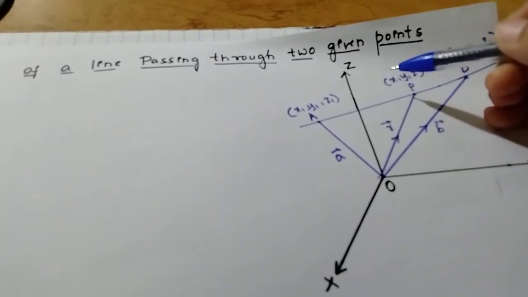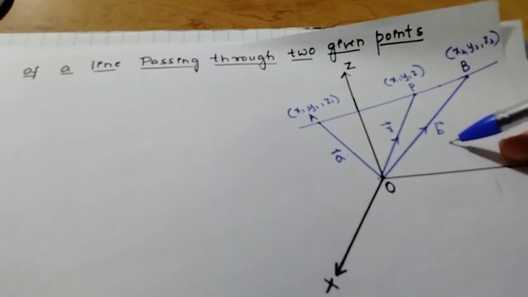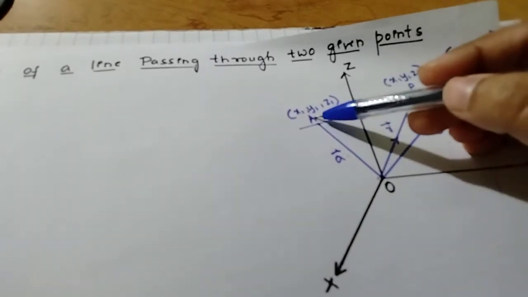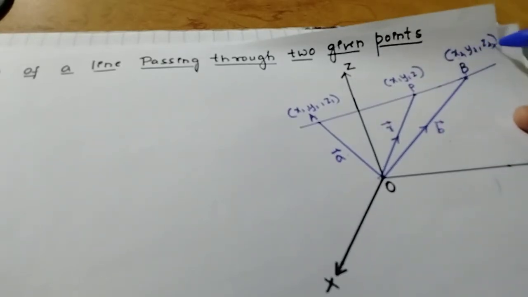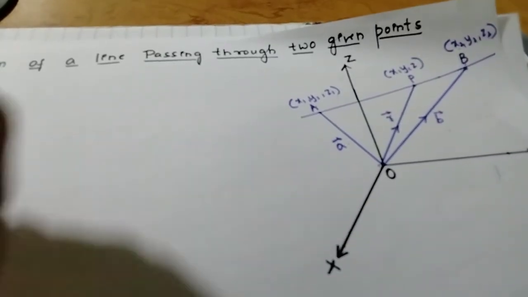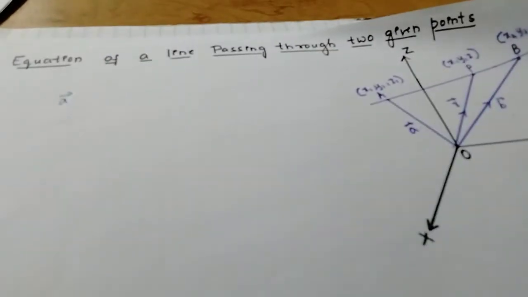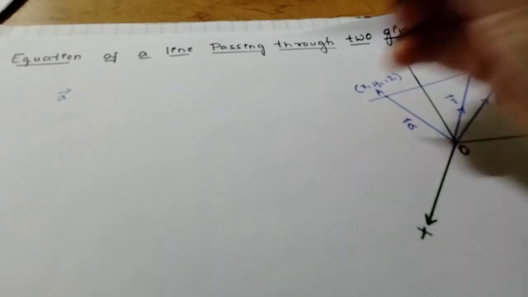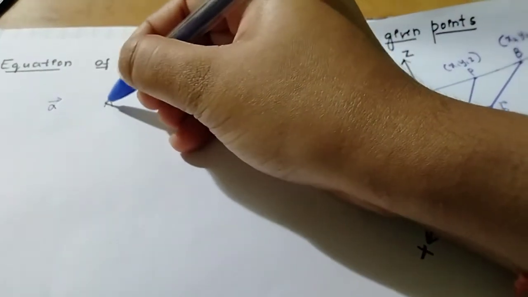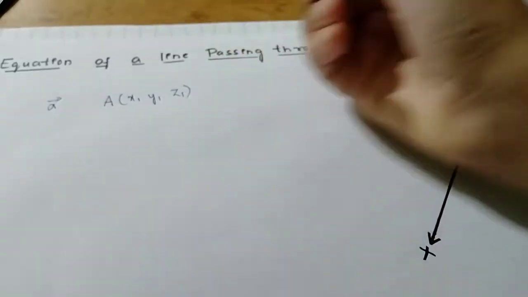So this is your diagram. How are we going to represent it? Let A and B be two points: point A is x1, y1, z1 and point B is x2, y2, z2. So I write here, A is one vector for the point A, x1, y1, z1.